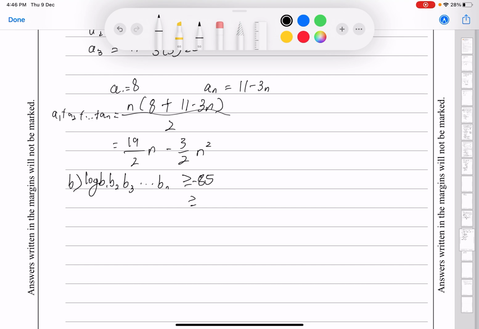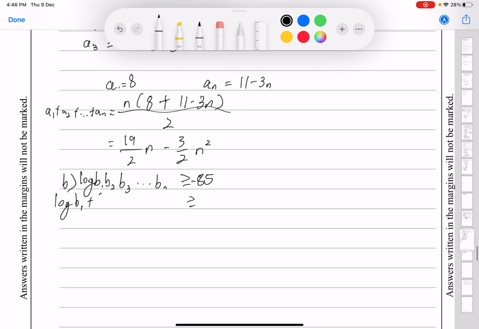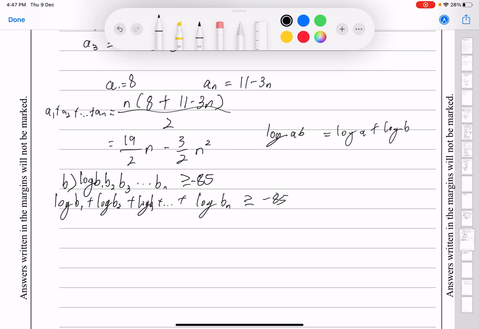Yes, we need to remember what a logarithm is. It has actually already given us this pretty formula. Why do we know it's like this? Because log AB is equals to log A plus log B. This is one of the properties of logarithms.